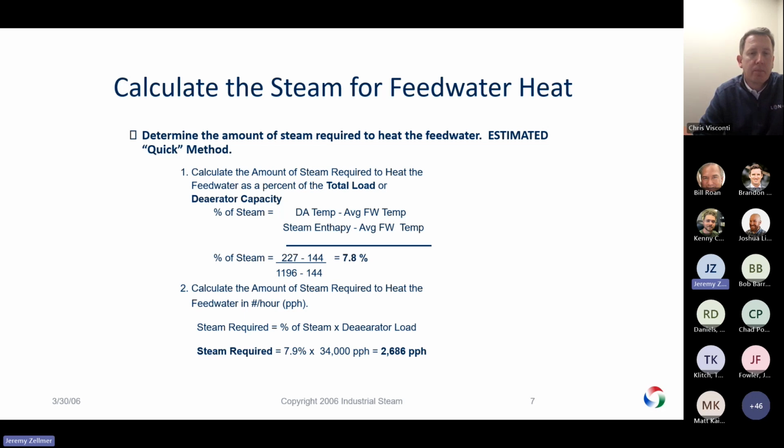Add the energy of each of the sources of feed water together to determine the energy entering the deaerator. Calculate the amount of energy which must be added to the deaerator. Divide the total energy required in the steam by the enthalpy of steam at the operating pressure of the boiler to determine the total capacity of steam required. Add this capacity to the steam total requirement of the system to determine the total boiler capacity required.